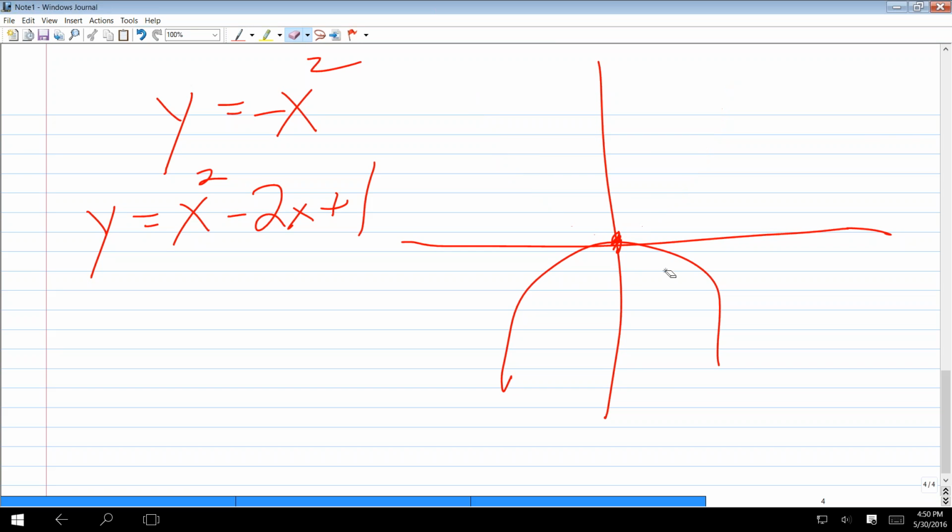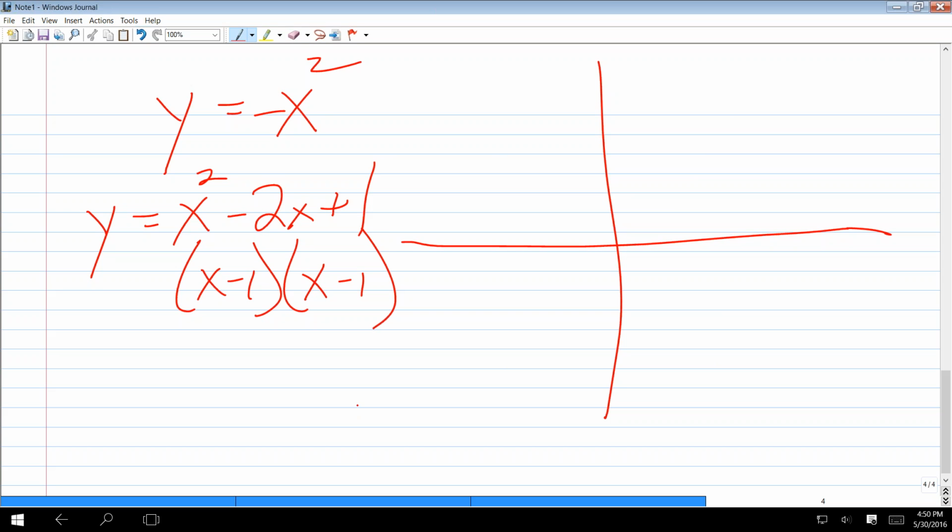Okay, well, that's still going to be a parabola. It's just not going to have its vertex at the origin. It's going to be 2 up and 1 to the left. Now let's see, this factors into x minus 1 times x minus 1.